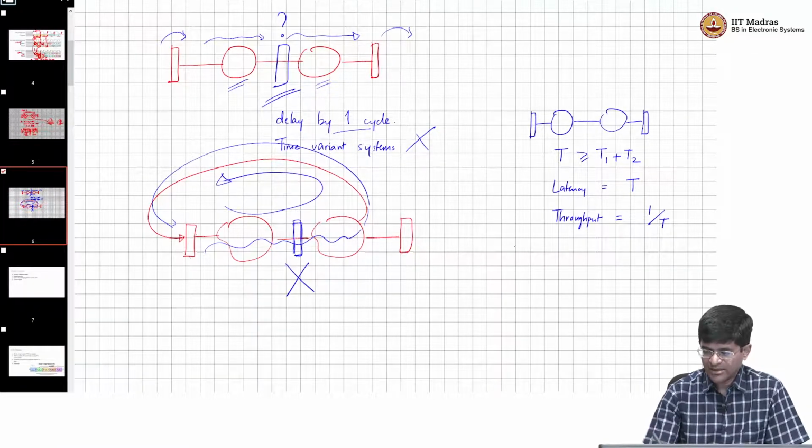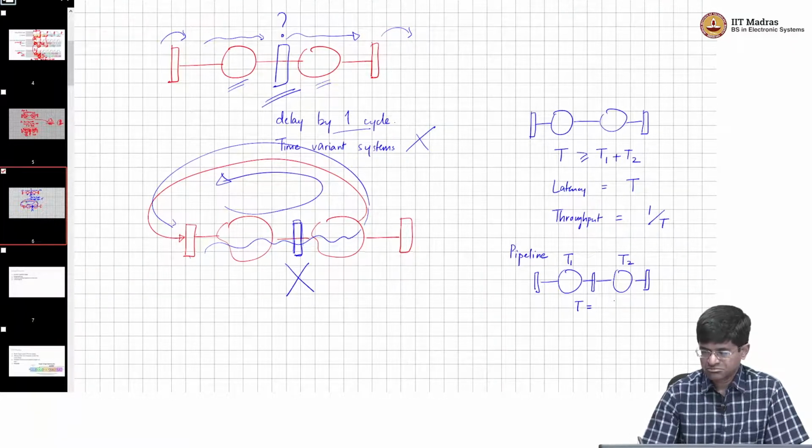Now instead, if I had a pipeline system, what I have is a system which looks like this. So this is T1, this is T2. I am going to assume that T1 is equal to T2, which basically means the clock period is equal to the original T1 plus T2 divided by 2.